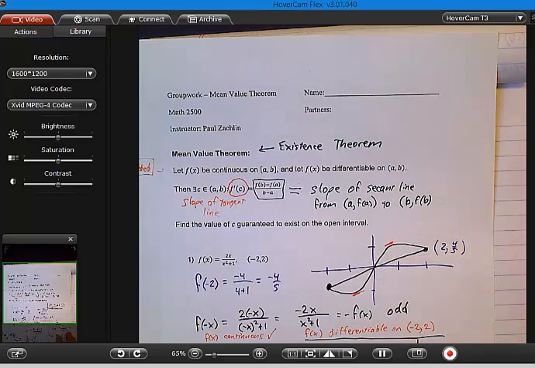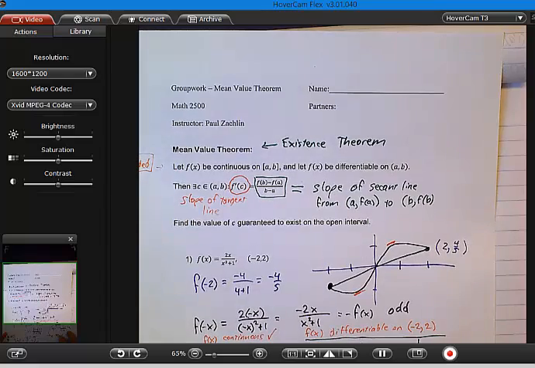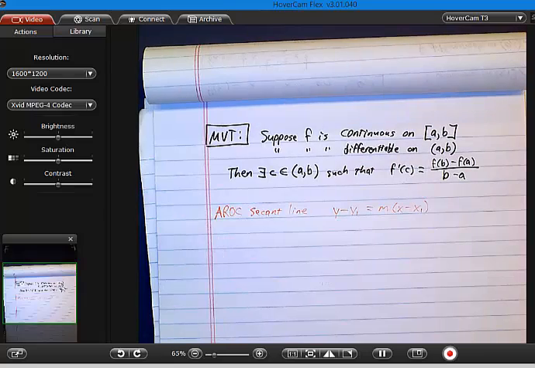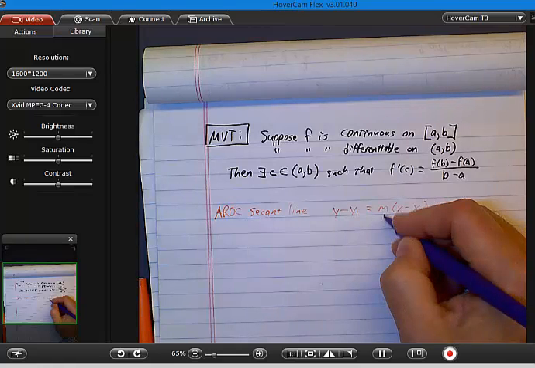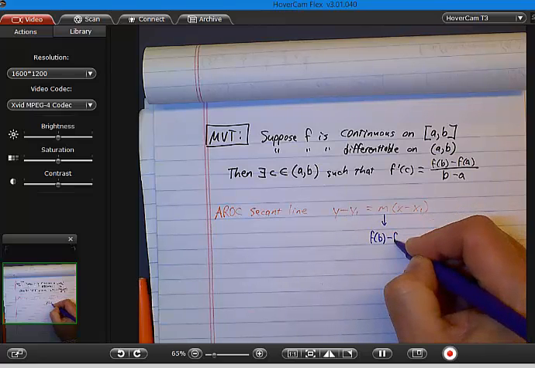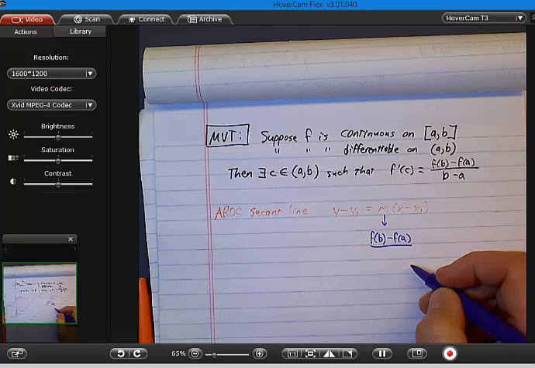Okay? So I can fill in some things. For example, I can fill in the slope. What's the slope of that line? The slope of that line was (f(b) minus f(a)) over what? b minus a.